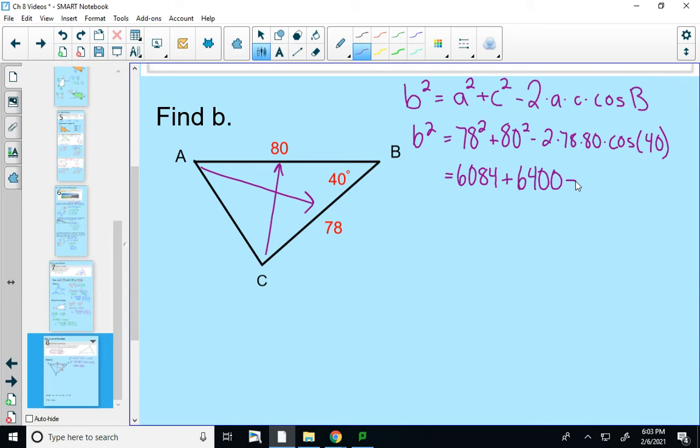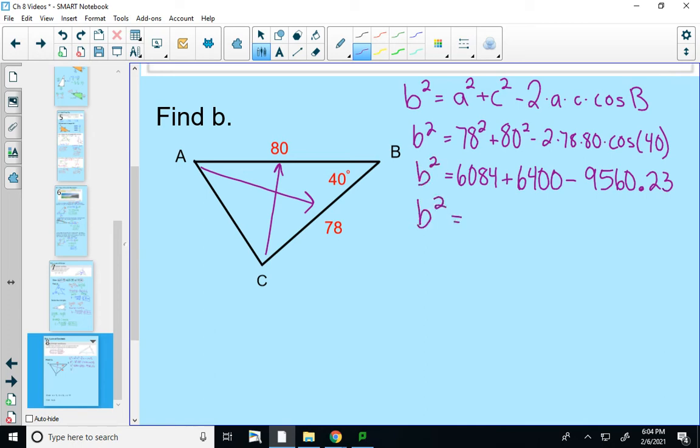And then right away, while I have it in my calculator, I'm just going to multiply that by the cosine of 40. I got 9,560.23. That's all equal to b squared.